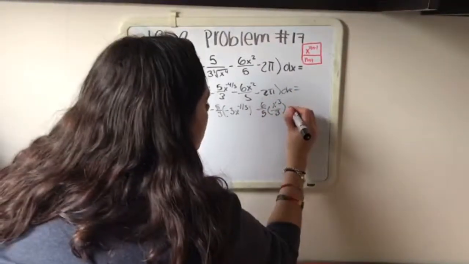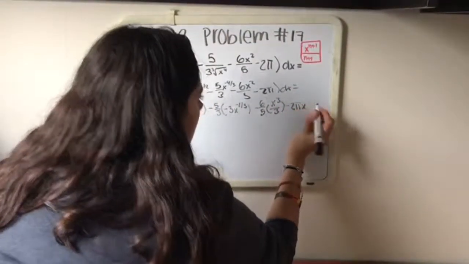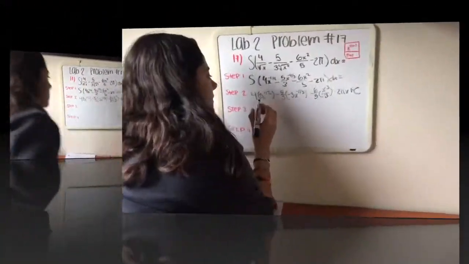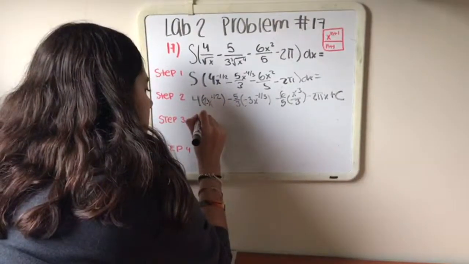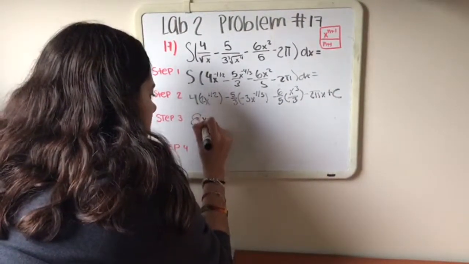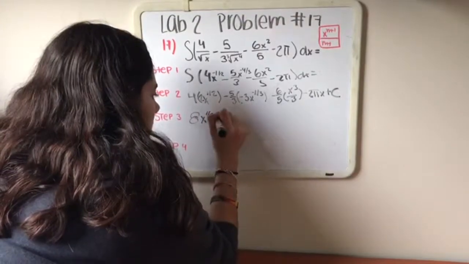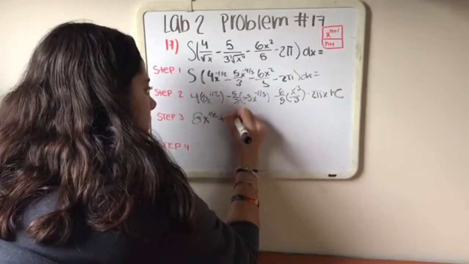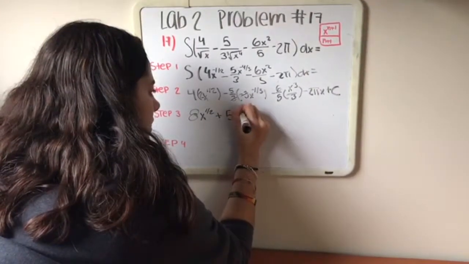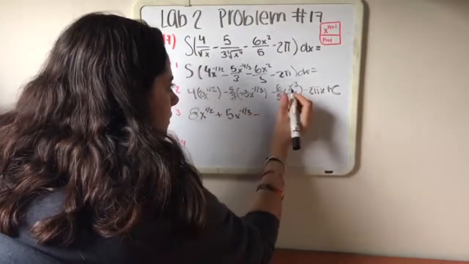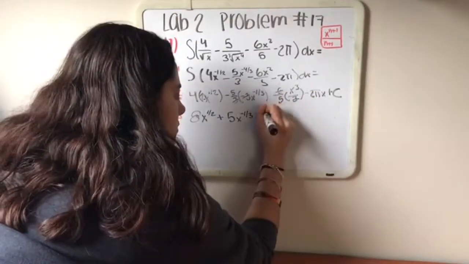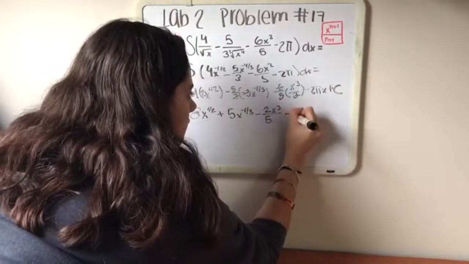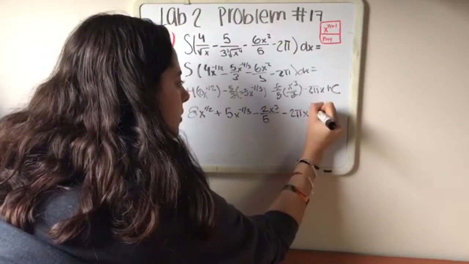It is a whole number, so we only add an x, and because it is an indefinite integral, we add a plus c. The next step will be to simplify, so it will be 8x to the 1/2 minus, these ones eliminate, and this is a negative, so it will be positive 5x to the negative 1/3 minus, this we simplify, so it will be 2 over 5 x cubed minus 2 pi x plus c.